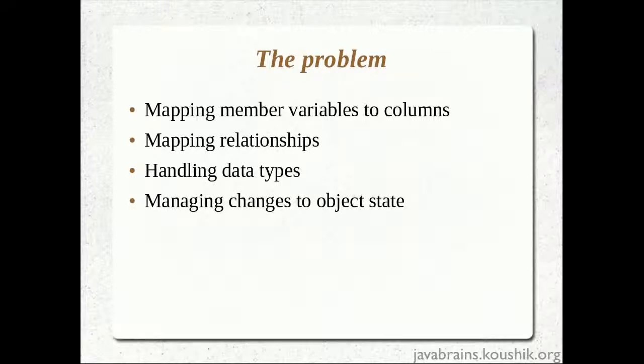Let's take the example of the user and address. Now, a user has a particular address. A user row in the user table has a corresponding address row in the address table, and it has been mapped by a foreign key. Now, ideally, if I have to represent this as an object, I would have to have an address object, and then I would have to associate it with the user object.